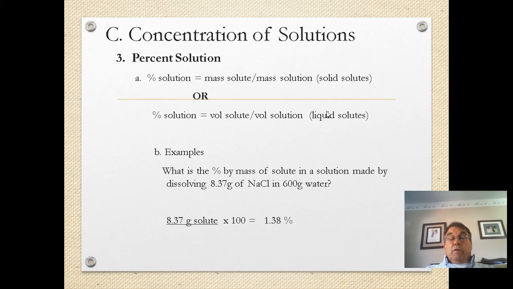A lot of you would look at this and go quickly, oh, look, it's 8 grams of salt divided by 600 grams of solution. No, the 600 grams is not the whole, it's just the solvent rather. So the whole solution would weigh 608 grams, okay, which would make it a 1.38% solution.